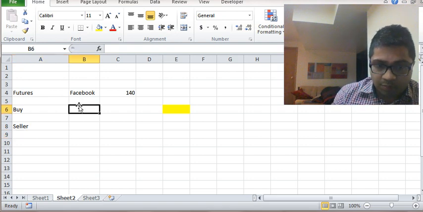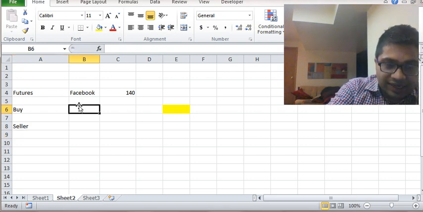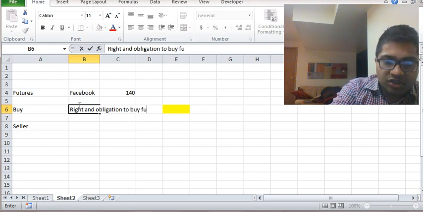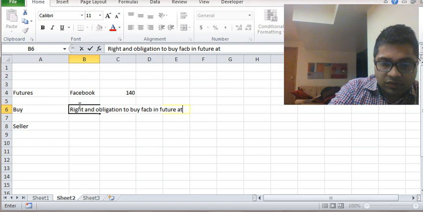So the buyer will get into a derivative contract. He gets the right and obligation to buy Facebook in future at $140.